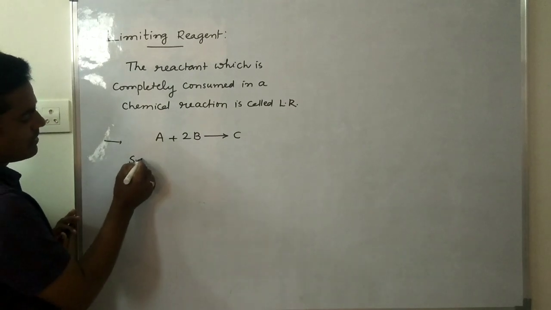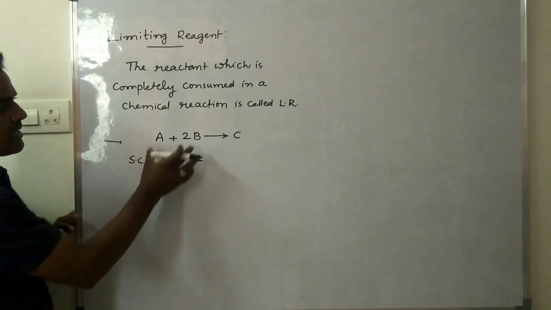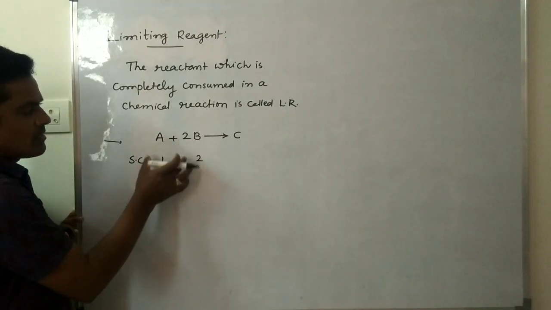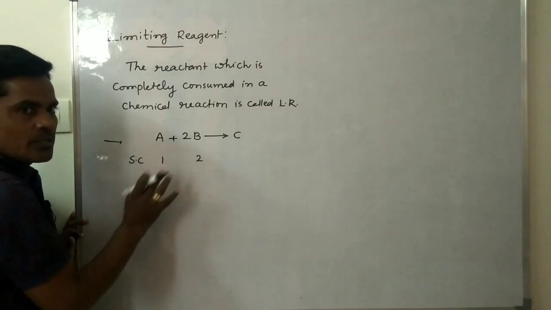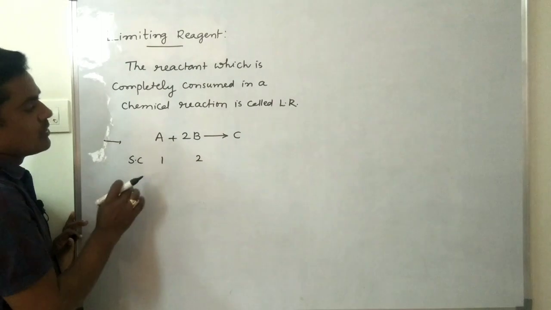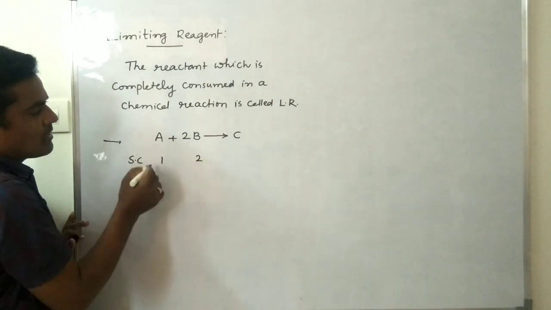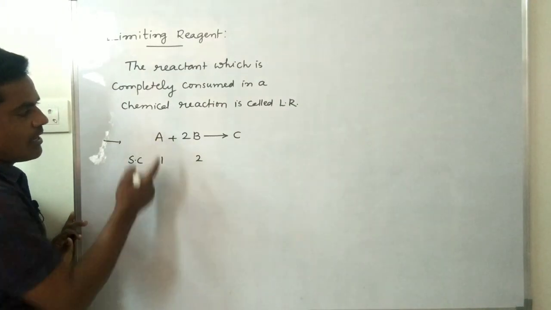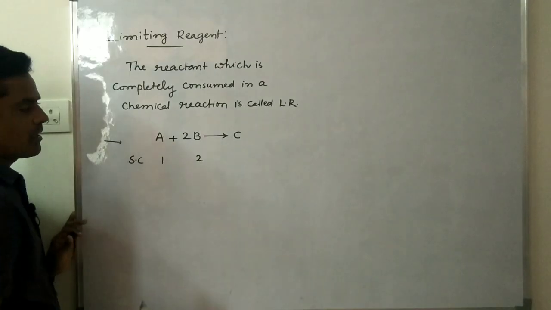The number of moles of these reactants is 1 and 2 respectively, so the mole ratio of reactants is the same as their stoichiometric coefficient ratio. Hence, all of these reactants get completely consumed in the reaction.